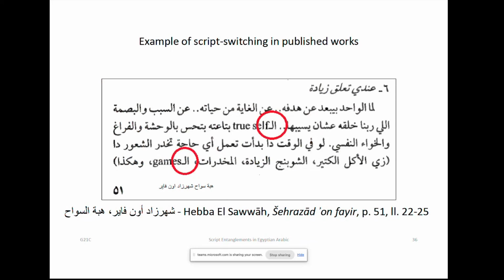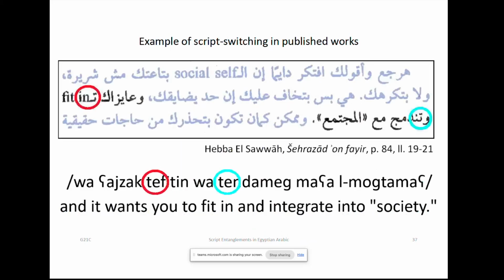An even more advanced stage of entanglement appears when the sequence in Latin characters is linked to the second person conjugation prefix t. As with any verb, this integrates the Latin script into an Arabic morphological paradigm.